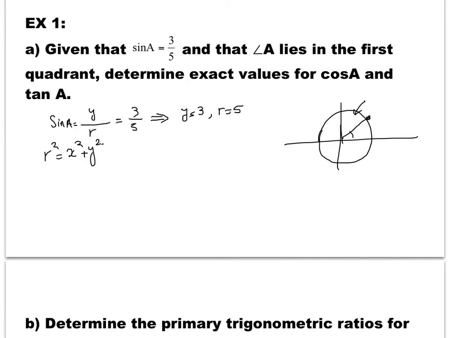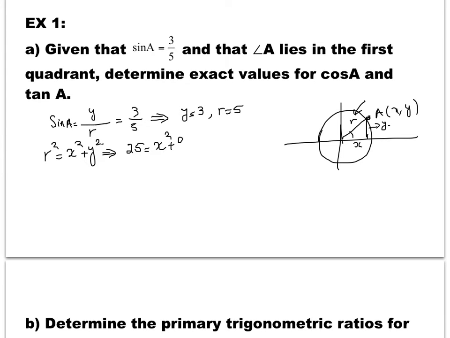Remember, this point had the coordinate xy and r is here. Then by using Pythagorean theorem, this is x, this is y, x squared plus y squared is r squared, or from here I get r squared is 5 squared, which is 25, is x squared plus y squared.